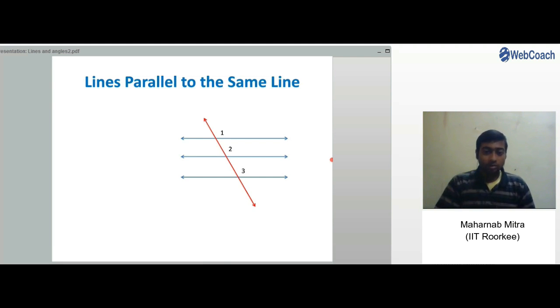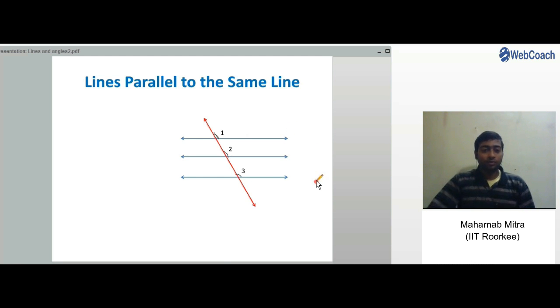Now here you can see we have three lines parallel to each other, right, and a transversal shown in red color cutting the three lines at some points, right, and the angles they make are angle 1, angle 2 and angle 3. These are the three angles they make with the lines.